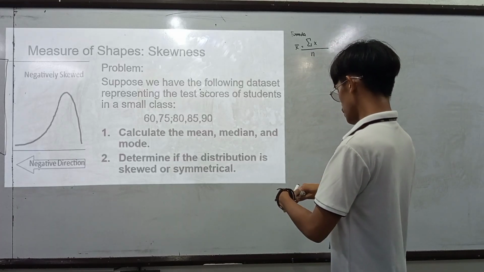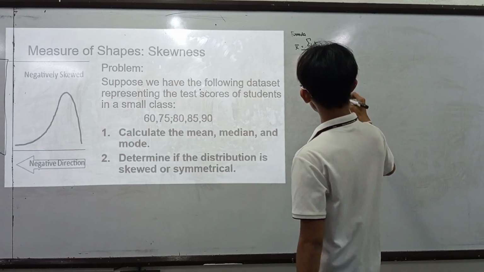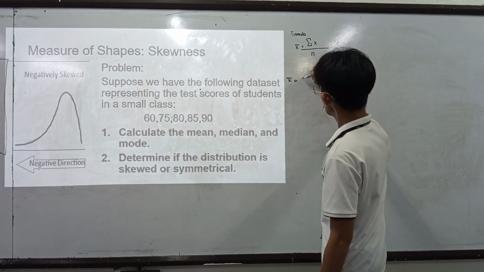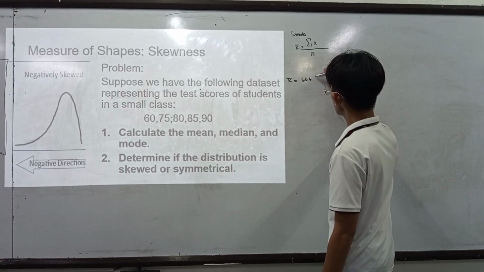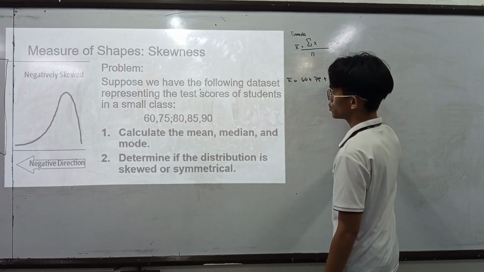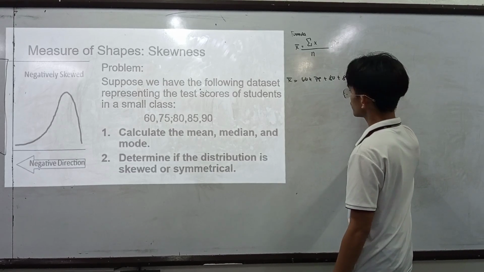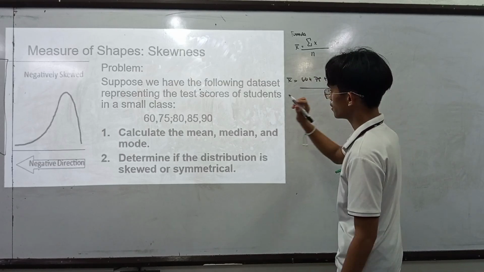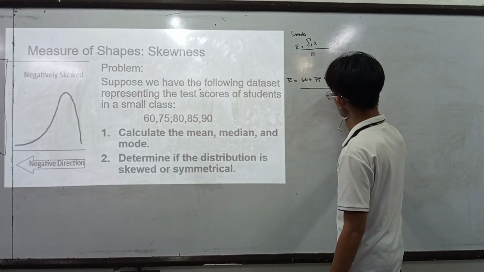The first step that you should do is to calculate its mean. Let's add 60 to 75, added to 80, added to 85, lastly added to 90, over the number of values in the data set, which is 5.